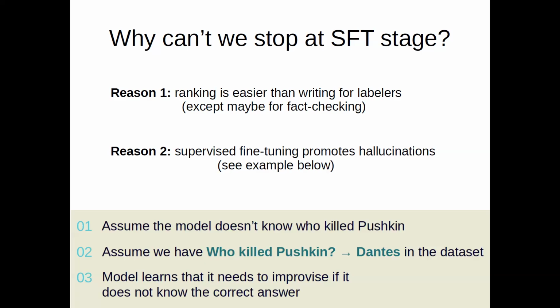The model could see some texts, like quizzes, who killed Pushkin, with different choices, and provide just another name. So this is another reason why we want to fine-tune the model: to make it more factually oriented. For example, if you want to train a chat assistant for one company, of course, you should train on the data from this company.